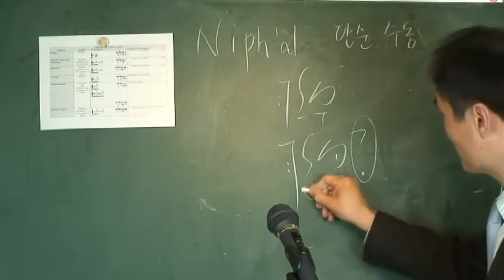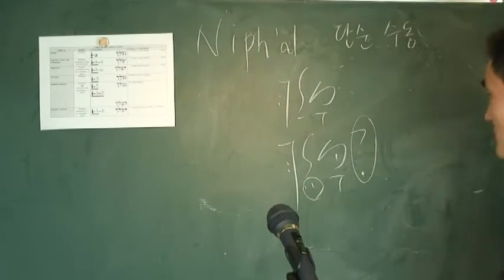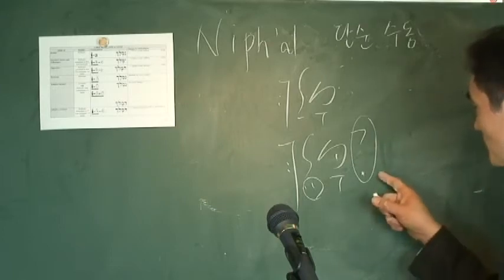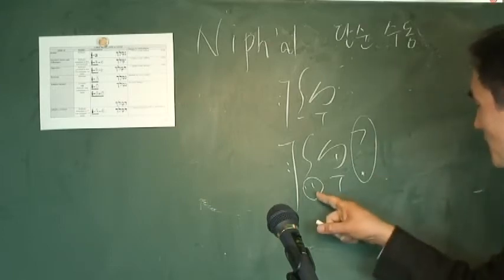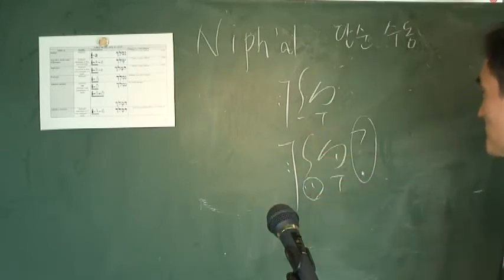Yod and i are added to the verb malak. Patach became tsere. Yod and i were added, and patach became tsere.